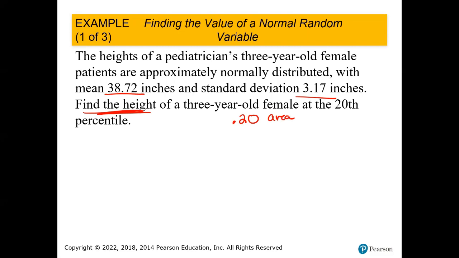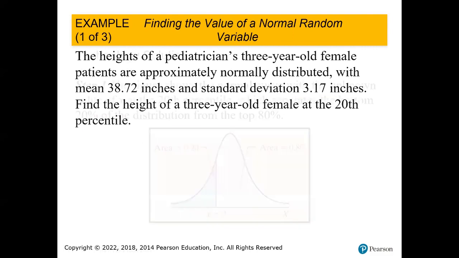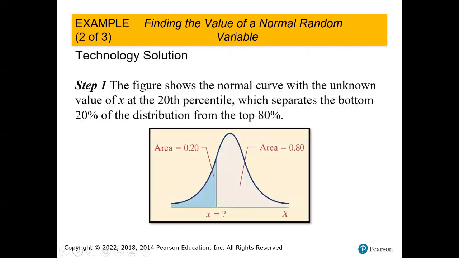And anytime we do a percentile question, in our probability, we are looking for X is less than what value that gives me 20%. We want 20% to be below the value, 80% to be above.